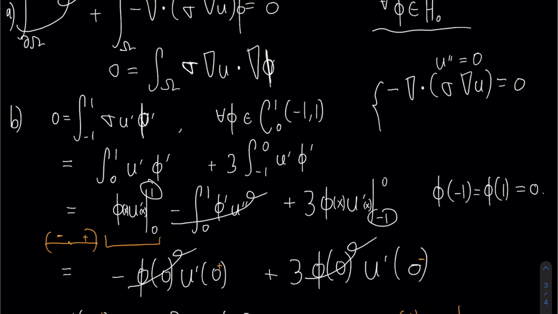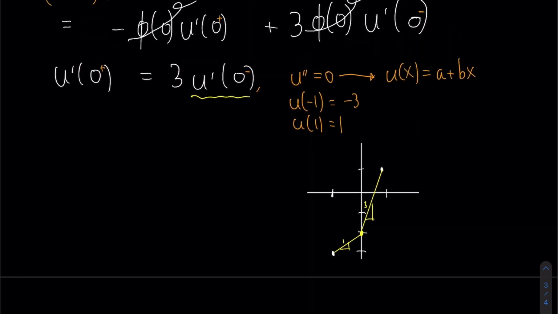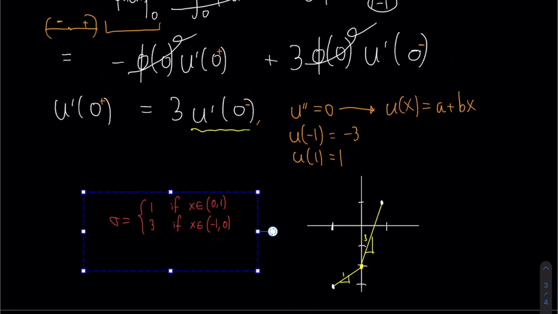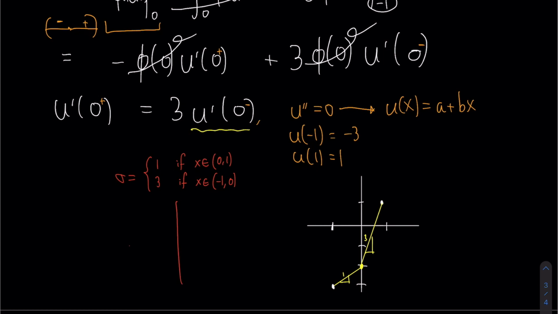Remember what sigma was? It was a piecewise function: 1 on the positives, and 3 from -1 to 0. So what's going on here?